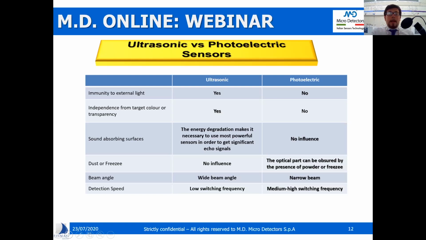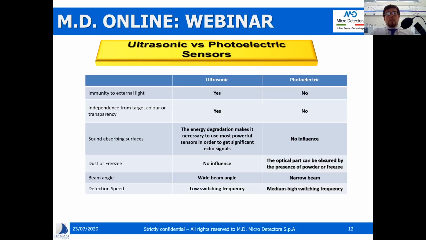First of all, as we've seen, the ultrasonic technology is independent from the target surface color and the target transparency. On the other side, a photoelectric sensor is affected by these factors.